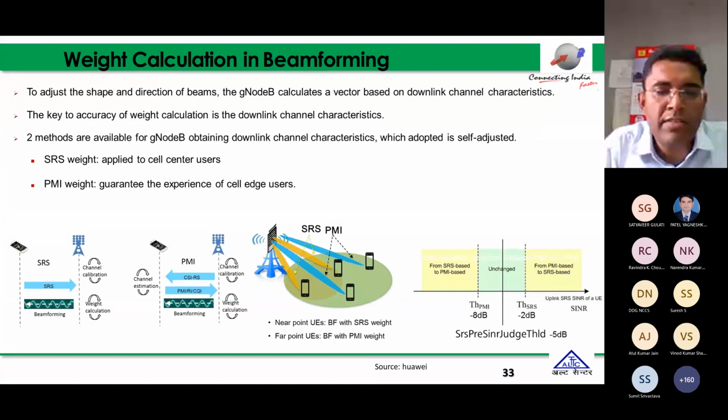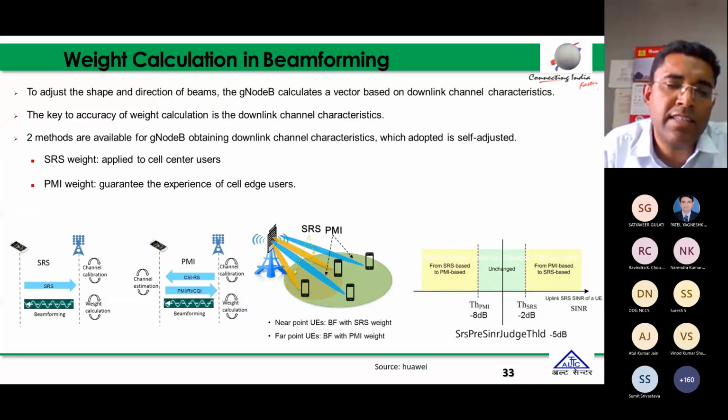Similarly, the second method is the CSI-RS weight. CSI-RS is a downlink reference signal used for channel estimation. Both the CSI-RS and SRS reference signals are used to calculate the weight of the antenna that is applied to the input of the antenna.